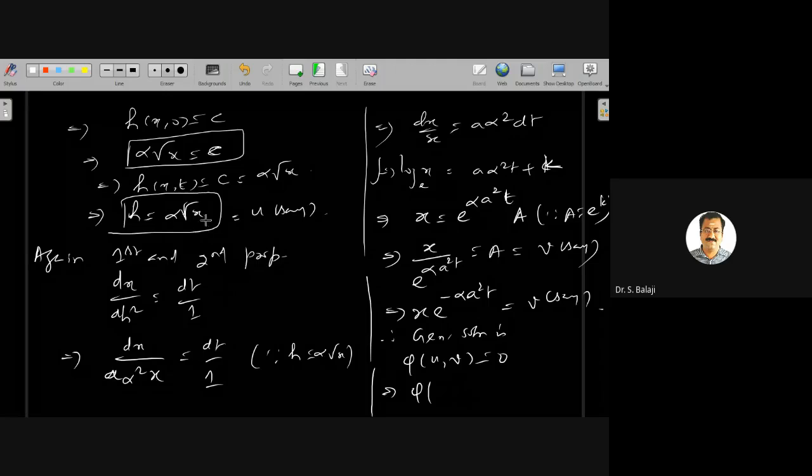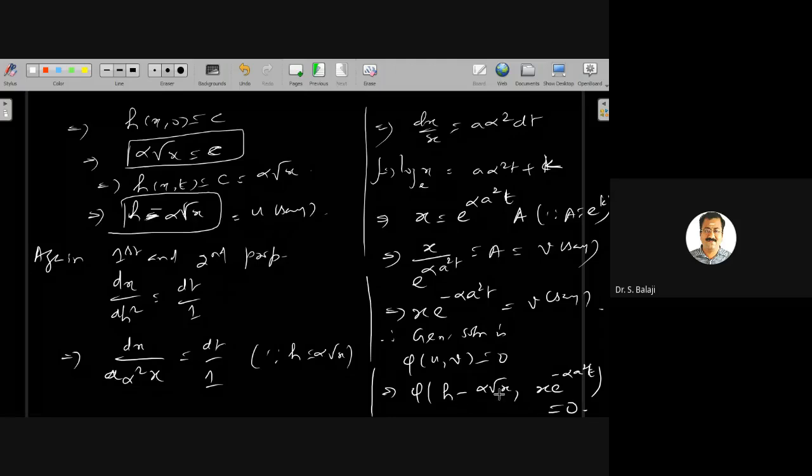Here h minus alpha root x is u, so you have to write phi of h minus alpha root x comma x e power minus alpha a square t equal to 0.